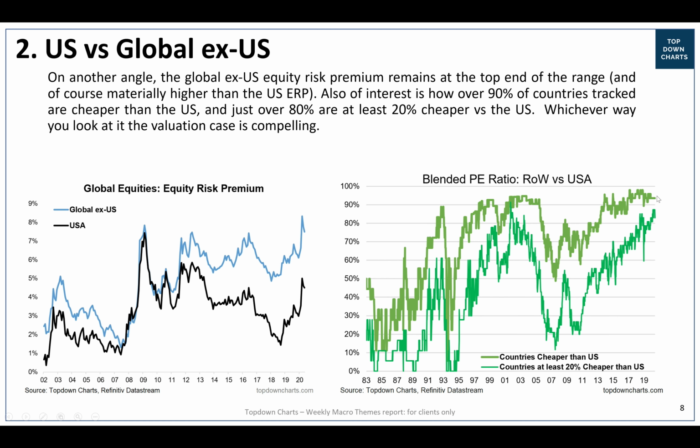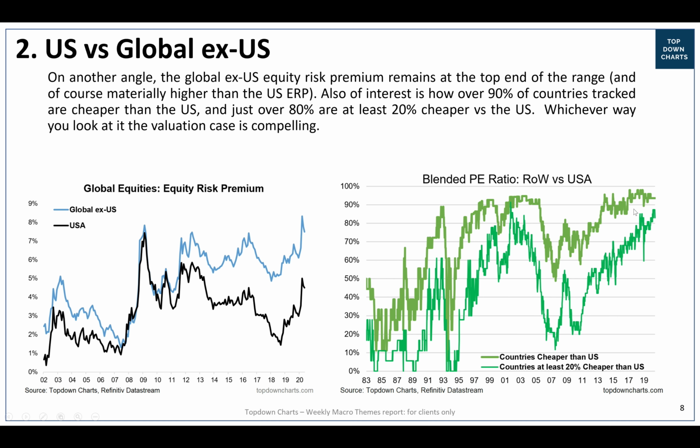Almost every country is cheaper than the US. Certainly more than 90% of countries are cheaper, and if you go onto the traffic light green colour, countries that are at least 20% cheaper than the US, you can see that it's well above 80%, almost 90%.